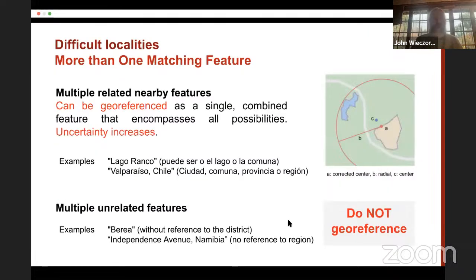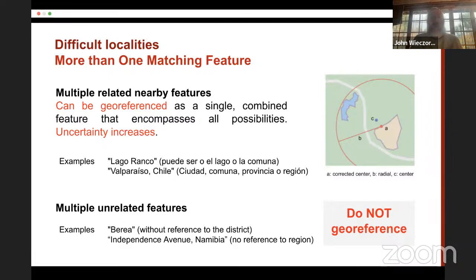Then we get into other tricky bits. The first of them is we do our searches and all is great, except that we find more than one place that it could be. So here there are two possibilities.